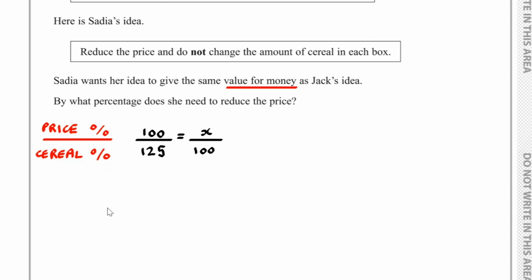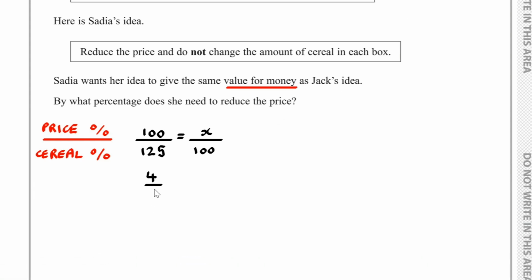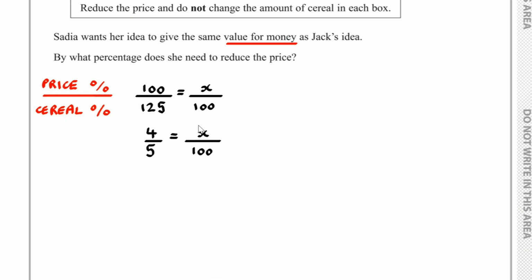And what we need to do here is find out what x is. Well, 100 divided by 125, that is 4/5, and that's equal to x over 100, and clearly then x will equal 80, because I've got 4/5 times 100, which is x.